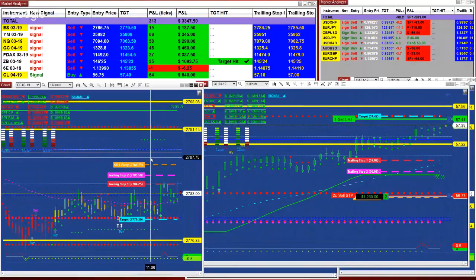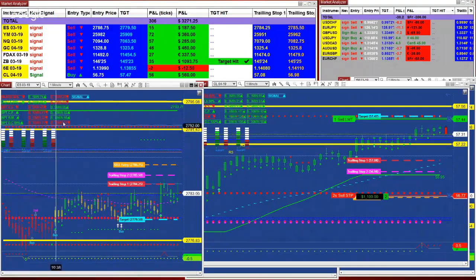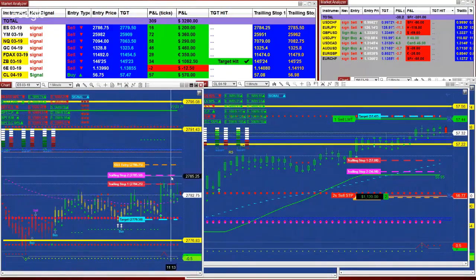I don't see how this ES is going to climb and break all those three. I really don't. Not unless there is a lot of buying power to break all those levels. And you can see the buying power from here and here. So keep your eye on those as well.